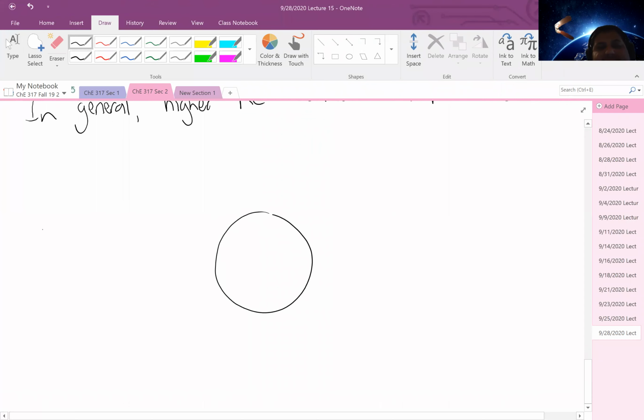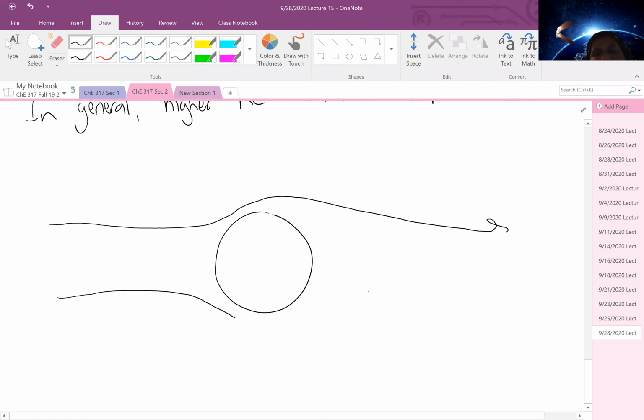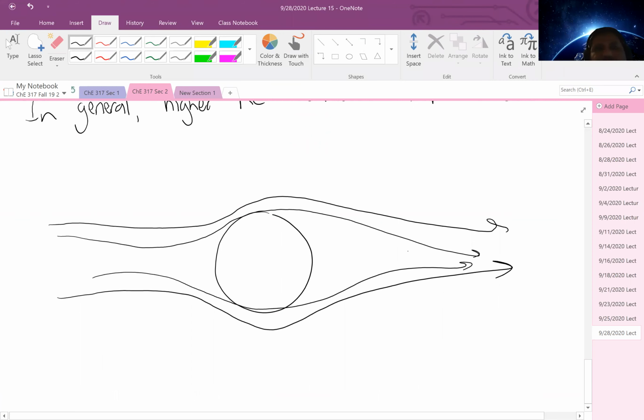So what we find is that when we're looking at flow around an object, there's a region just beyond the object where the fluid cannot hug the actual object to fill that void. And so what ends up happening is you have a whole lot of energy loss and eddy and vortex formations.